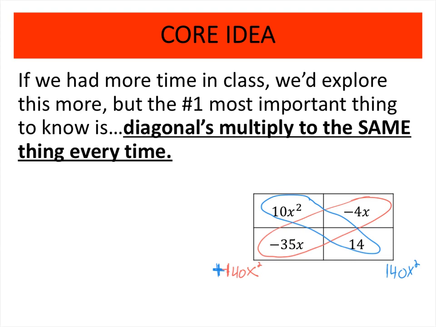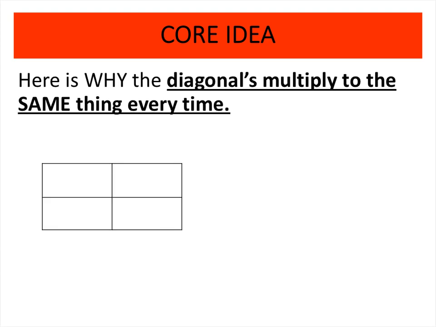Write this down. I'm going to prove it to you here. So here's a generic form that I want you to see. Instead of using numbers, I'm going to use letters. And we're going to actually just do the multiplication. So if the format is ax plus b, this is a binomial times a generic binomial, cx plus d. And I'm just using letters instead of numbers.